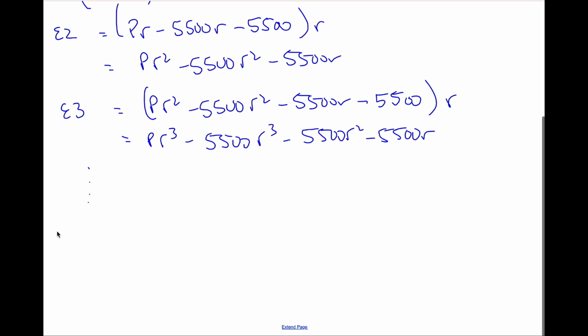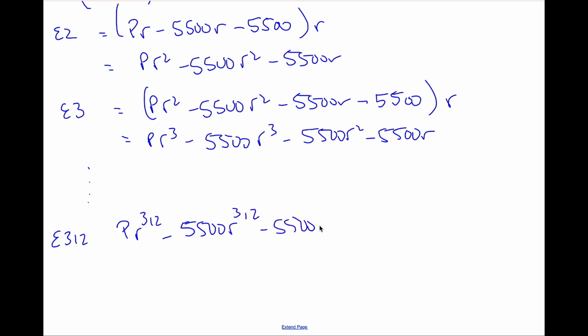So if I bring this down, at the end of 312 months, I have PR to the 312 minus 5,500R to the 312 minus 5,500R to the 311, and the very last month is 5,500R.